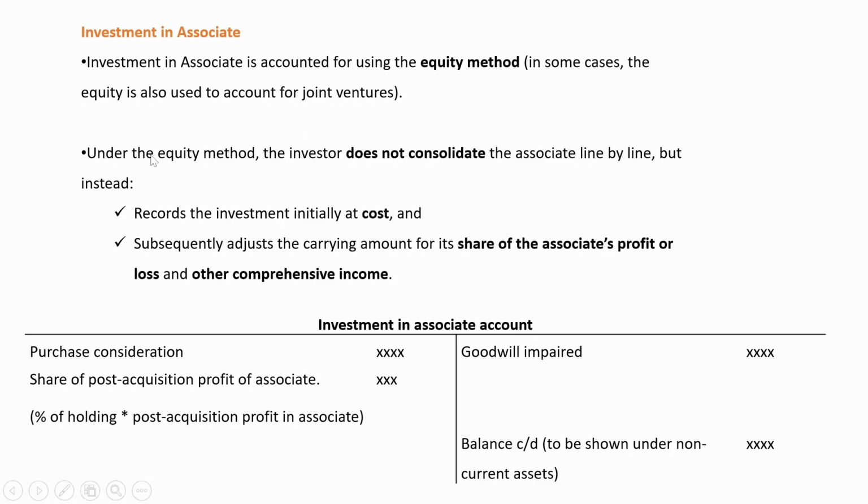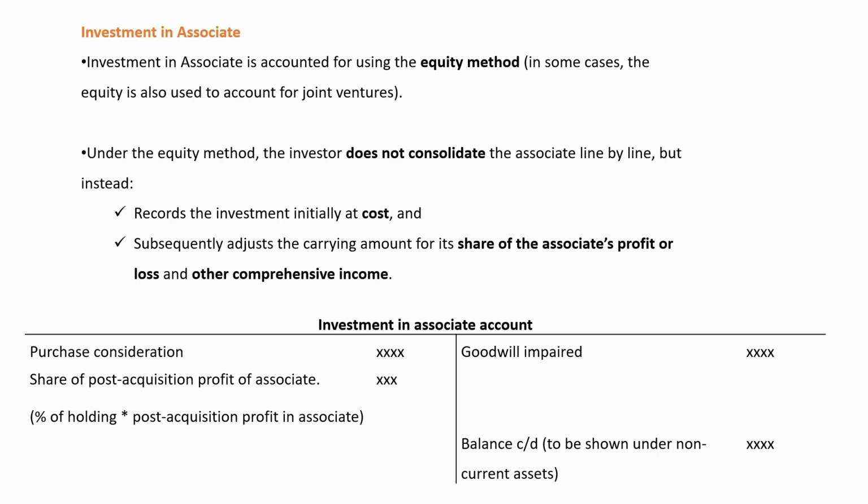So under the equity method, the investor does not consolidate the associate line by line, but instead records the investment initially at cost and subsequently adjusts the carrying amount for its share of the associate's profit or loss and other comprehensive income.